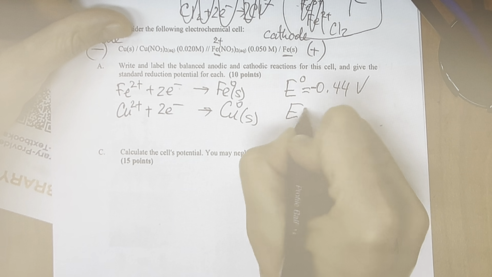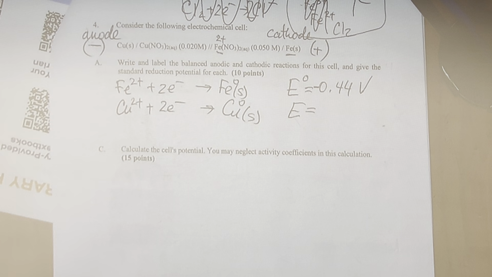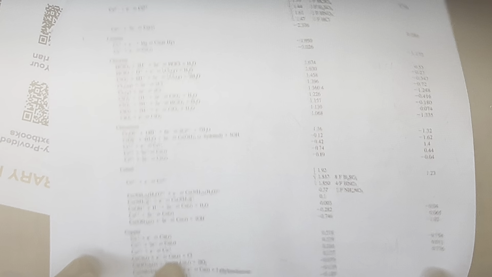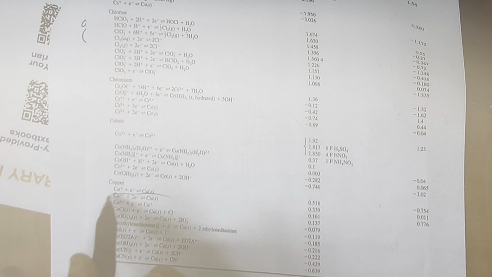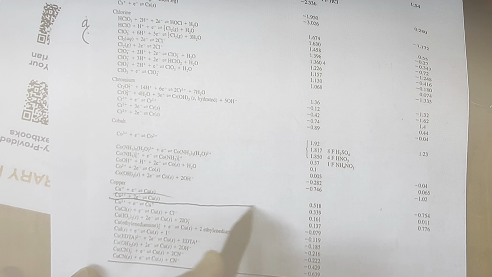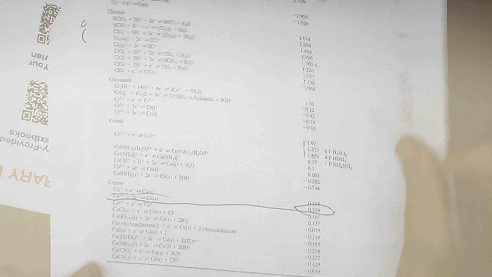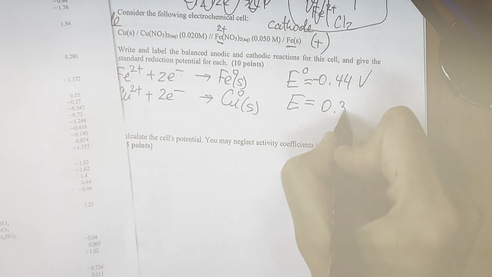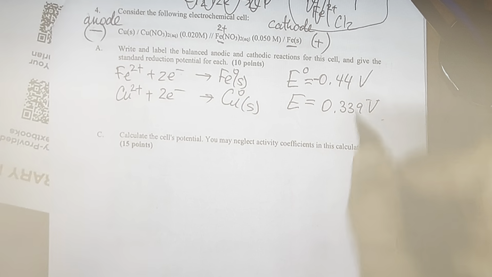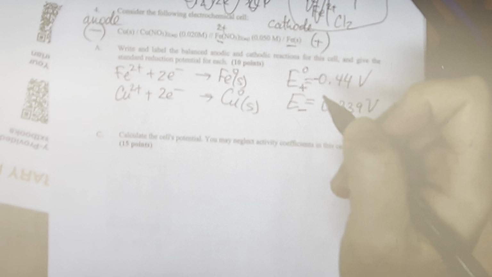I need the standard potential for that. I have again a table with all kinds of reduction potentials. Copper 1 reduction is not good, but copper 2 reduction is exactly what I need. So it's 0.339 volts. The first one is the cathodic process, the second one will be on the anode.